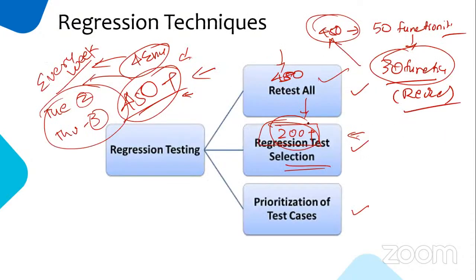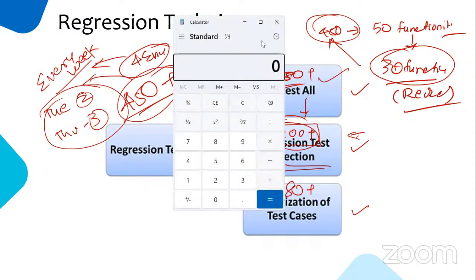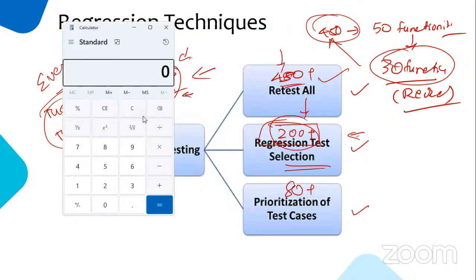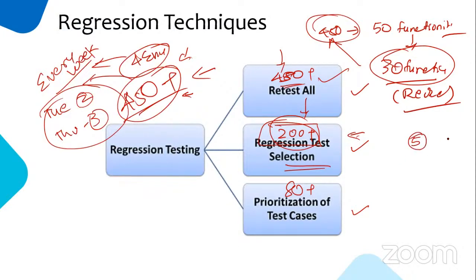So this 450 will be converted to 200, or some 80 plus. Now let's do a simple calculation; you should learn that also. We have 450 test cases. We have 5 resources, and per resource per day, 10 test cases is the deliverable.